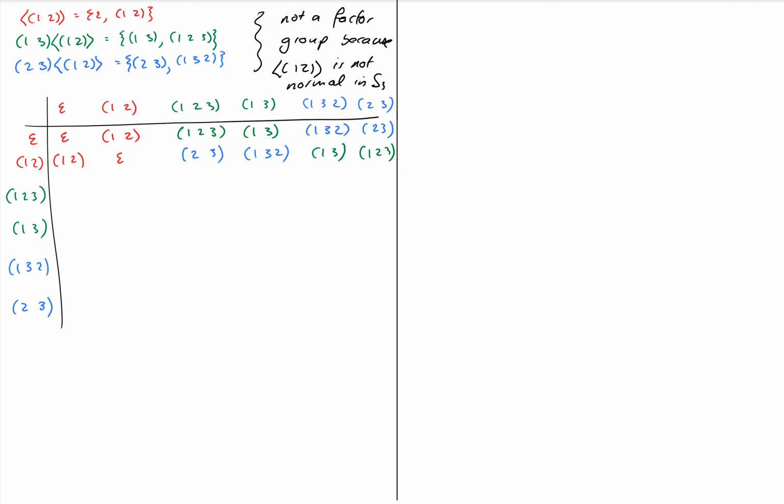Okay, now I won't bother filling in the rest of the table because we can see what we need to see straight away, but we don't get this nice block patterning as we'd hope because we don't actually have a factor group here.